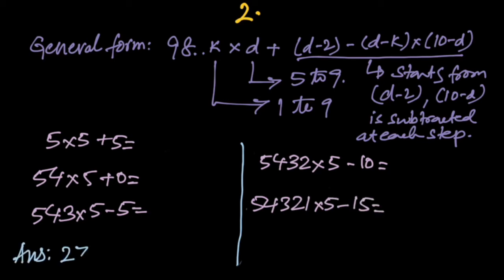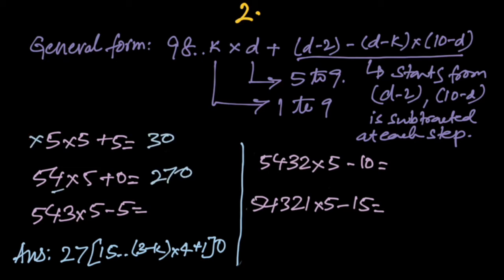And here the pattern is between 27 and 0 we have a sequence 1, 5, 9. The general format of that is 3 minus k times 4 plus 1, and we do it in the same way we did before.